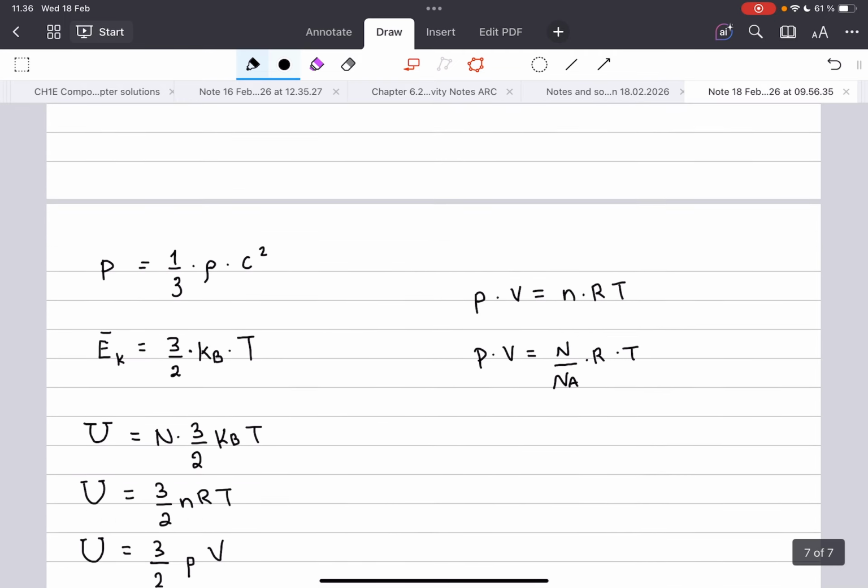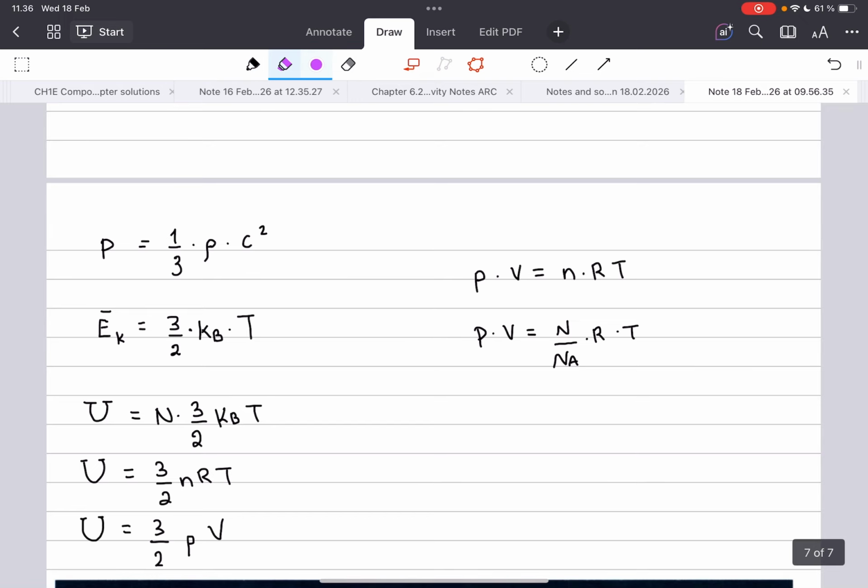Now we can use this if we want to, and this formula is given to you, and there is a proof behind it, but I'm not going to bother now. So P, which stands for the pressure in pascals, is a third times rho.